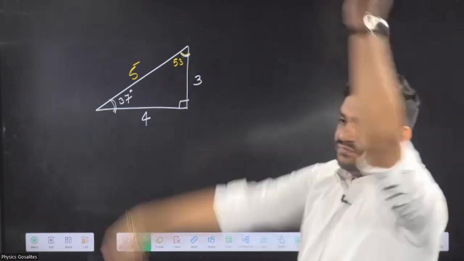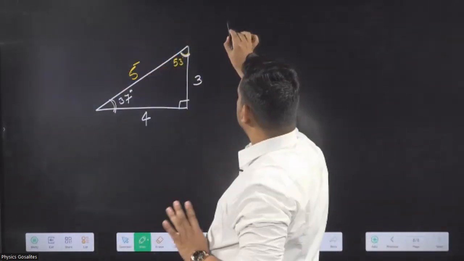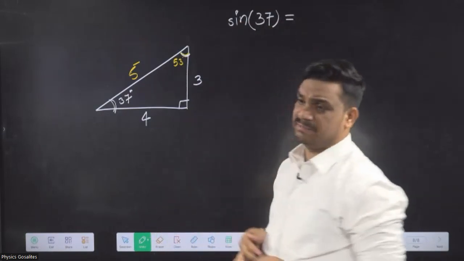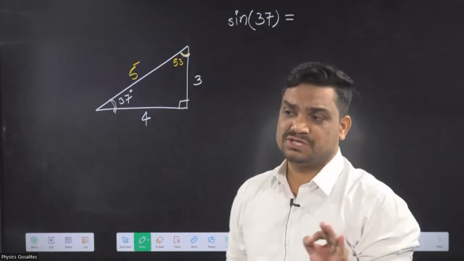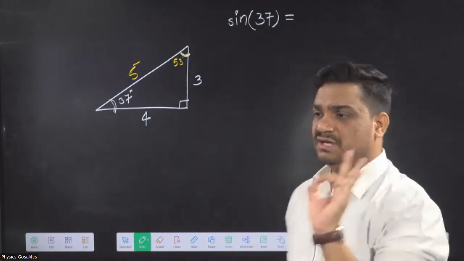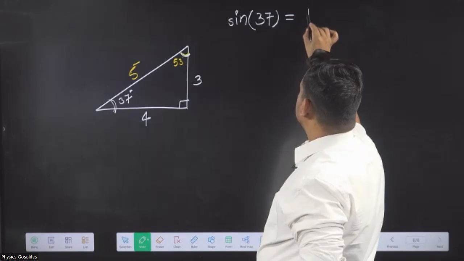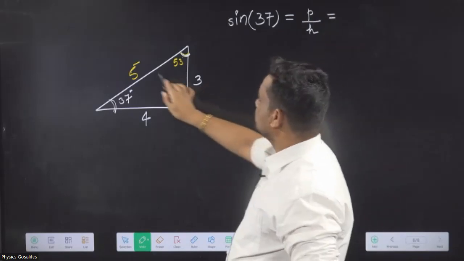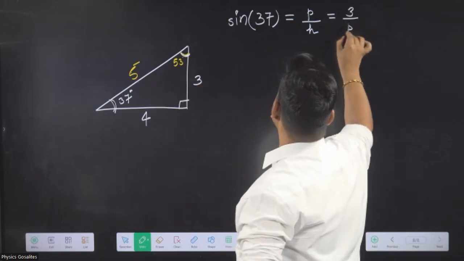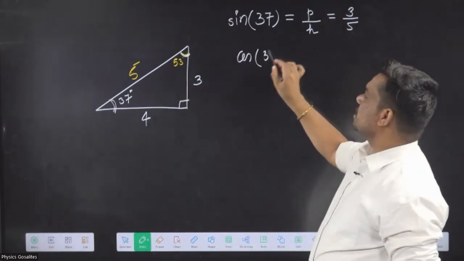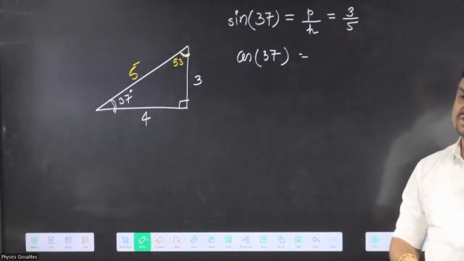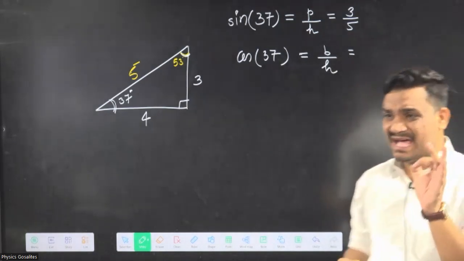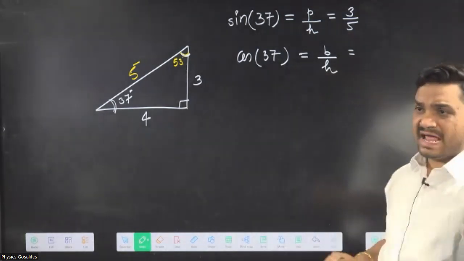Now if I ask from this triangle, should we remember what is sine 37? Because these values we use a lot. What is sine 37 from this? Sine 37 is always perpendicular divided by hypotenuse, P by h. So this becomes 3 by 5. What will you say about cos 37? Cos 37 is going to be b by h, which is 4 by 5. The triangle should be remembered.